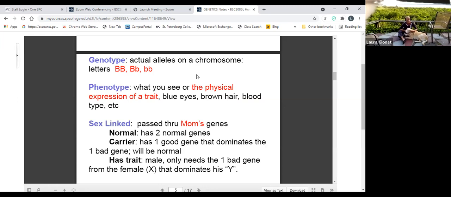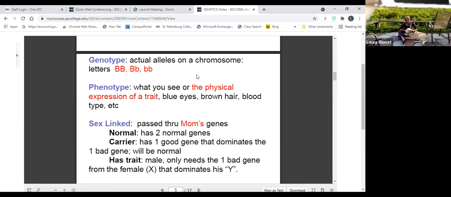So 50% are maybe heterozygous B, and 25% is homozygous B, and 25% is homozygous recessive or something. So genotype is also the percentage of outcomes of the combinations that came up in a Punnett square.